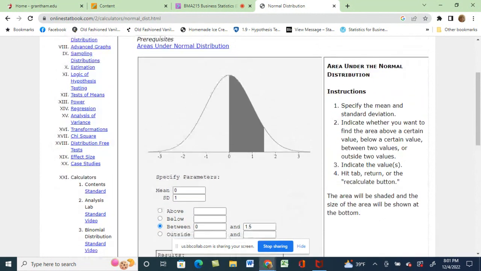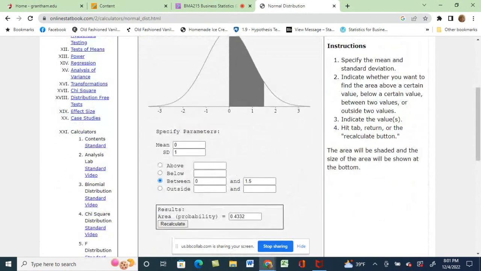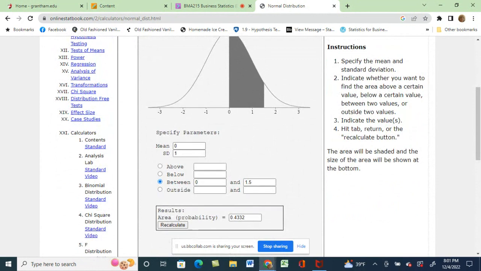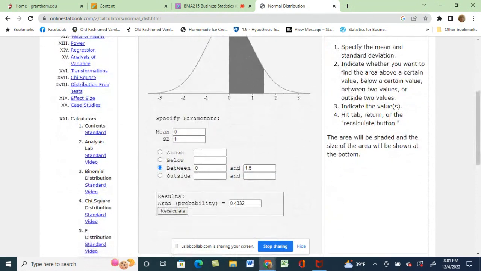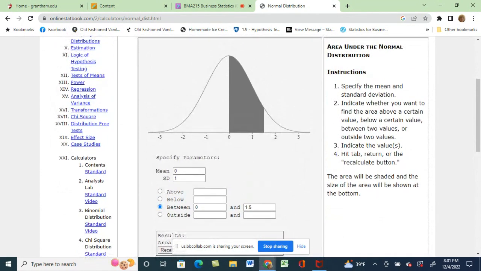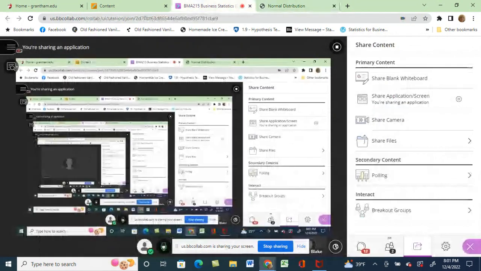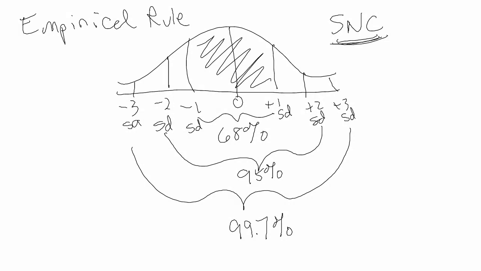So the probability that our data is between 0 and 1.5, which are z-scores, this is the standard normal curve, is 0.4332. Is that making sense?